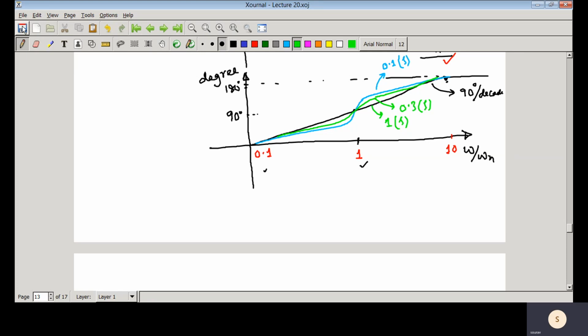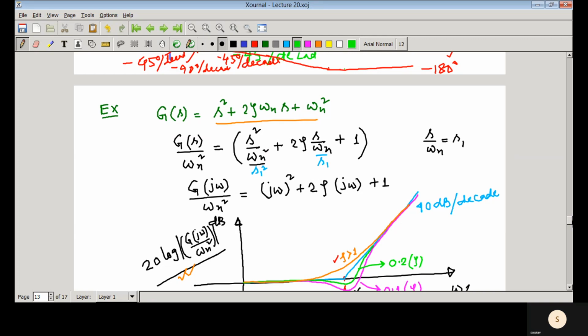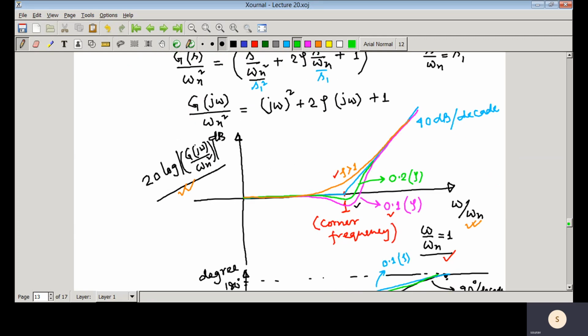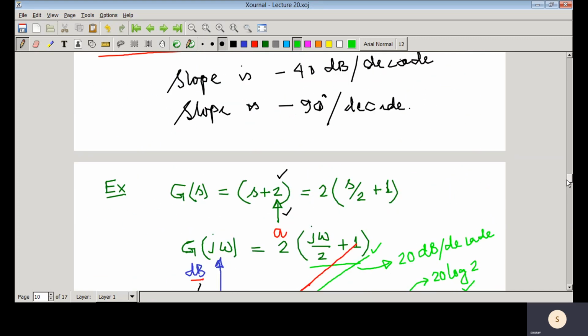So that means whenever we have a second order term, we can represent it in normalized and scaling form. If we do not represent it in normalized or scaling form, then what happens? The corner frequency would be omega n, and below omega n it would take some value that we have discussed.